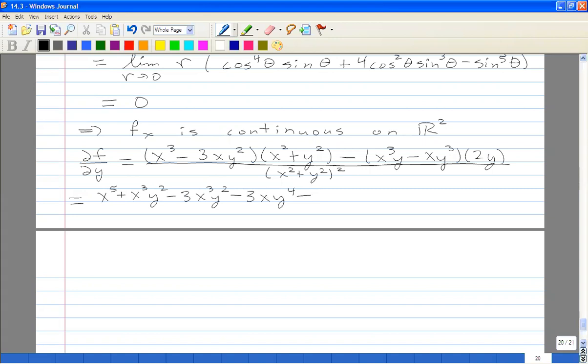Let's multiply the negative 2y inside the parentheses. So it's a negative 2x cubed y squared. Minus and minus become a plus 2xy to the fourth divided by x squared plus y squared squared.